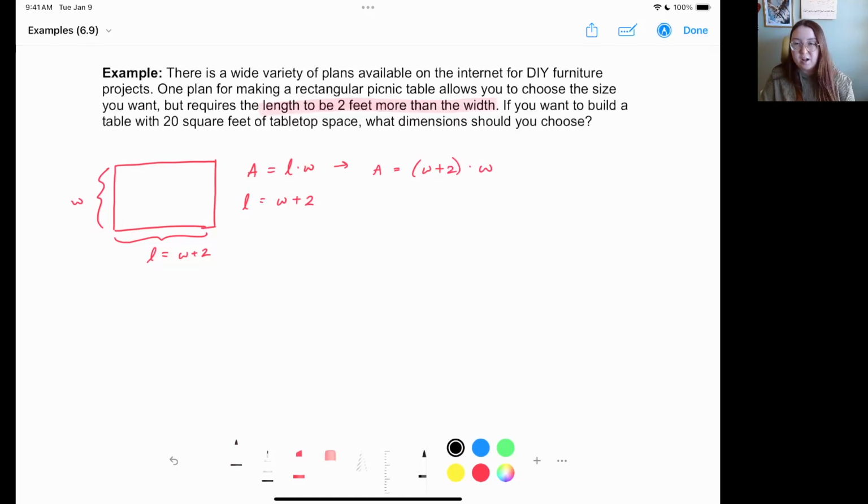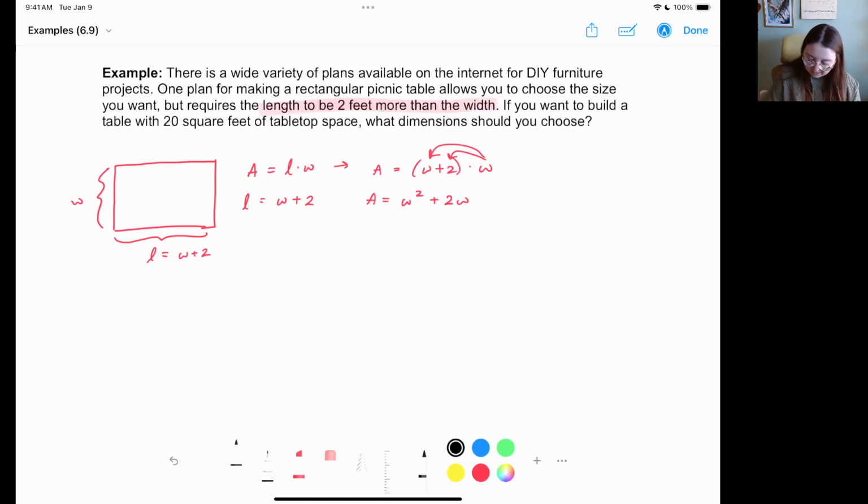So having this knowledge of the area of a rectangle and then being able to replace the length with what it's equal to, which is width plus 2, we can go ahead and start working this out. So if we multiply or factor in our width and simplify this equation, we get width squared plus 2 times the width.